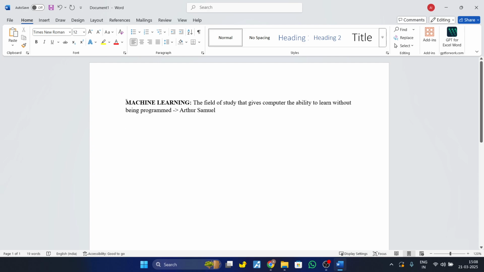Now the next question that would come to your mind is how does a machine learn from the previous data? Essentially, there are three types of learning techniques in any machine learning concept, and any model is related to these three techniques. So let me write down the learning techniques, basically how machine learning works, right?